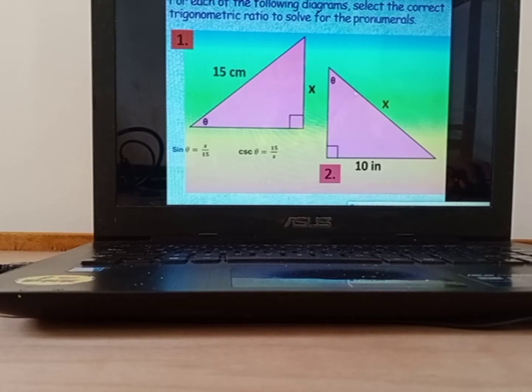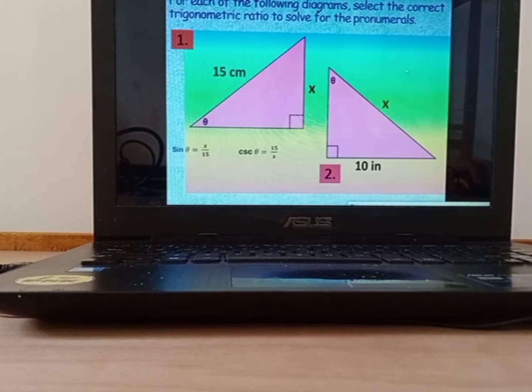And the x is our hypotenuse. So we have opposite and hypotenuse. What trigonometric ratio will we use? We will use the sine function. Why is it sine? Because our given is opposite and hypotenuse. So from our acronym, SO.